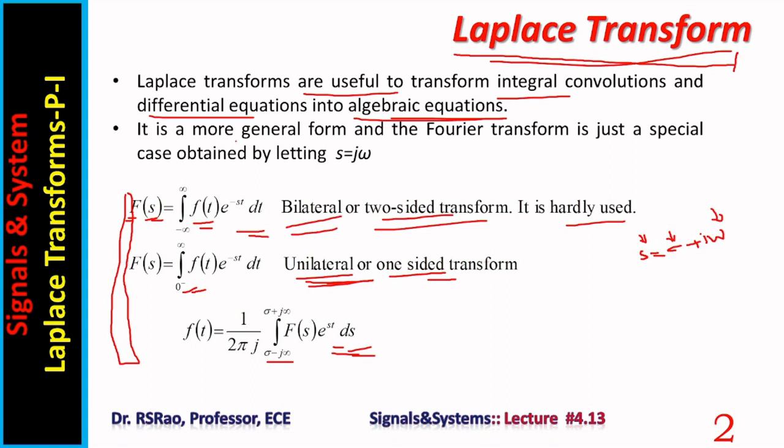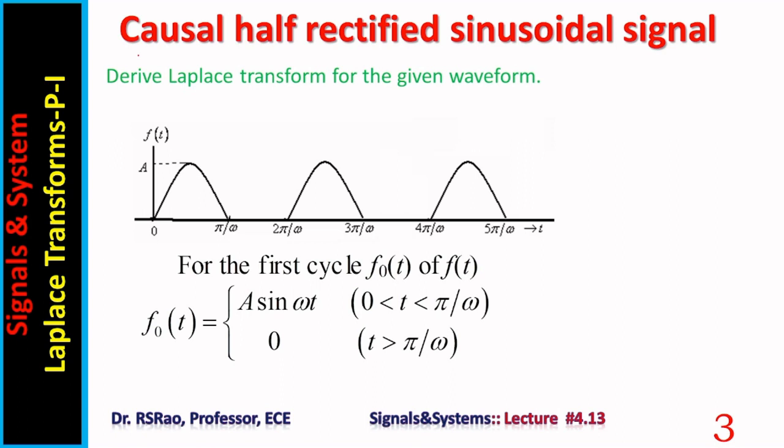Laplace transform is a more general form, and Fourier transform is just a special case obtained by letting s equal to j omega.